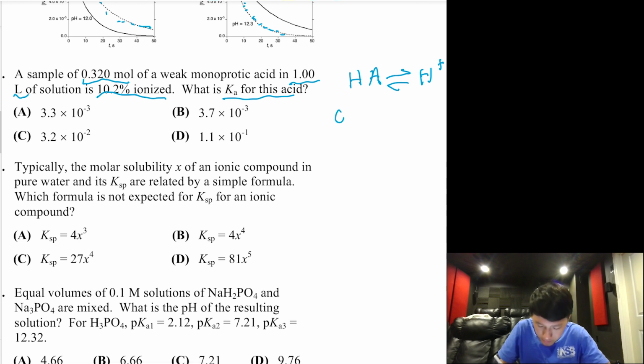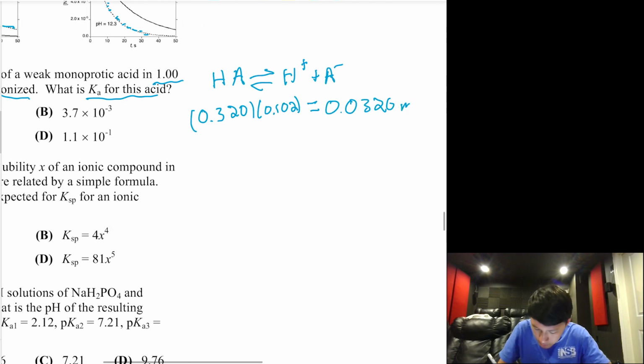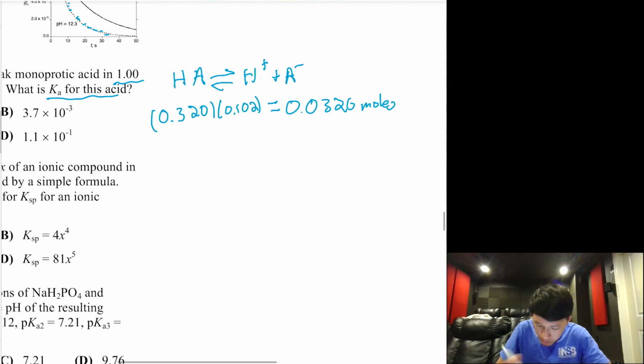So we can say that 0.320 moles times 0.102, that's our percent, comes out to 0.0326 moles of H plus and 0.0326 moles of A minus.